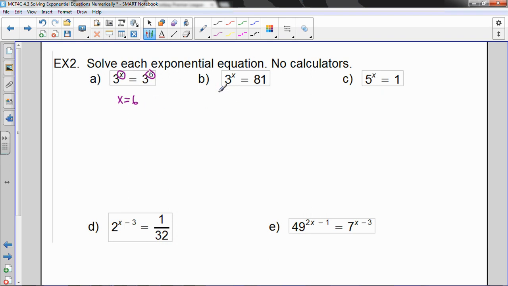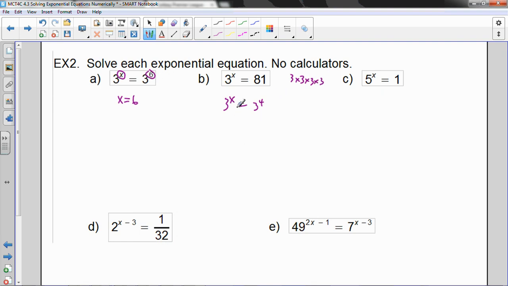And here, notice I don't have the same thing, but 81, if I remember, is a power of 3. And this was the trick we were pulling the other day. Let's write 81 as a power of 3. Well, it's 3 to the exponent 4, and how would you get that? Well, I'd try and multiply up. 3 times 3 is 9, times 3 is 27, times 3 is 81, or you could check that on a calculator.